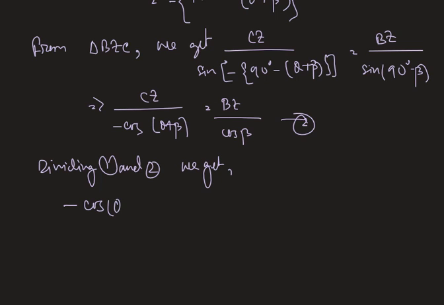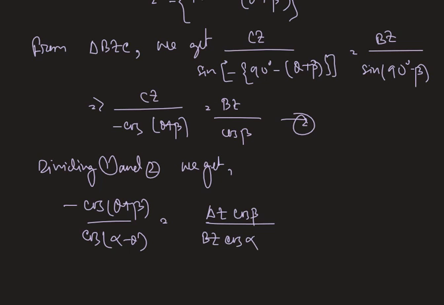minus cos of theta plus beta divided by cos of alpha minus theta is equal to AZ cos beta divided by BZ cos alpha.